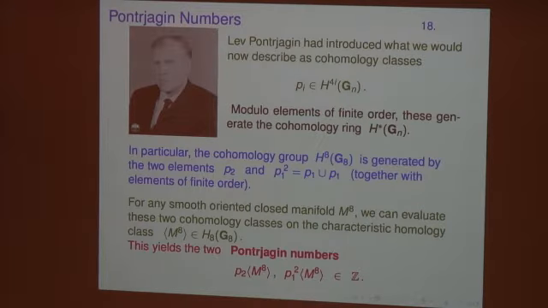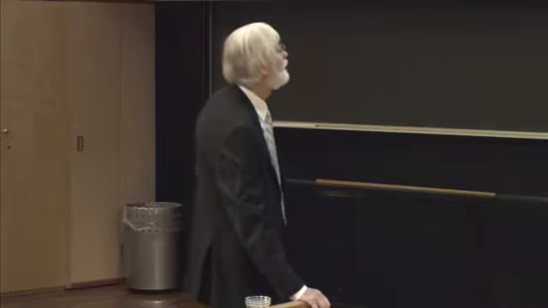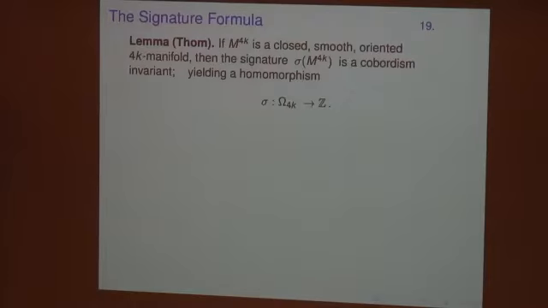So I've finally answered my first question: what are these three integer invariants which I want to work with? Now I have to ask the next question: how could one prove a relationship between them? And this was done by René Thom. He proved by a simple geometric argument that if a manifold is a boundary, then its signature is 0. It followed that if two manifolds are cobordant, then they have the same signature.